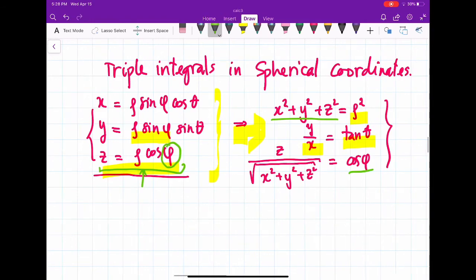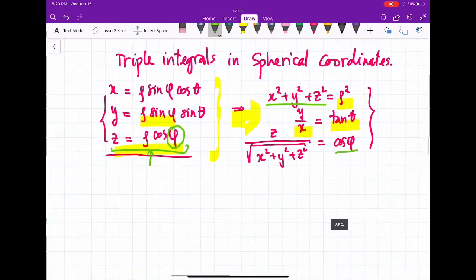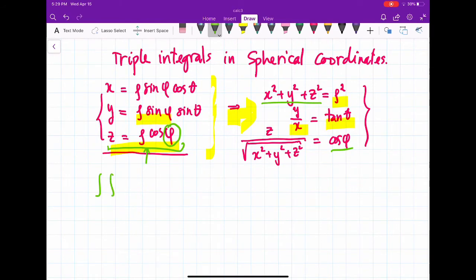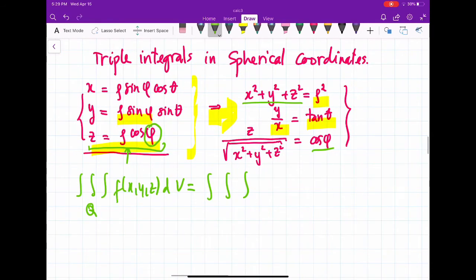Okay, so I will write the formula of triple integrals in spherical coordinates right away. If you have some triple integral over solid region Q of f of x, y, and z dV, then you can rewrite it in spherical coordinates. So you have f of rho sine phi cosine theta.